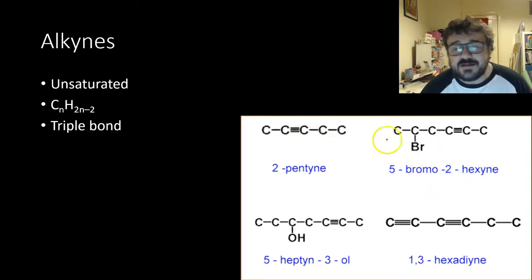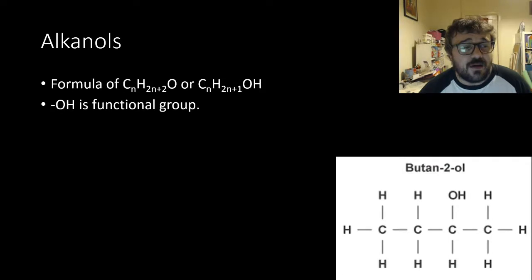And you can see that if it's done correctly, there is a number which indicates where the double bond is. We have alkanols, which have a formula of CnH2n+2O, or, the way I prefer it, CnH2n+1OH. Because that OH is the functional group, called the hydroxyl group.